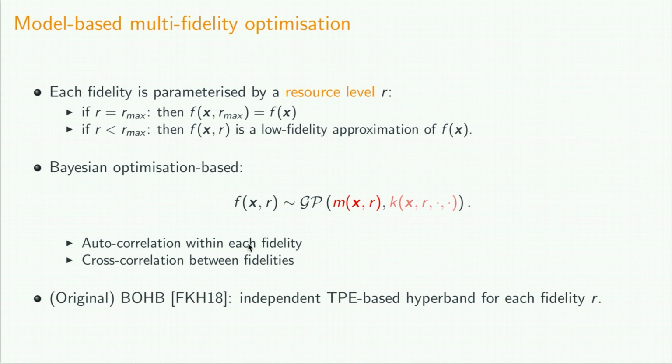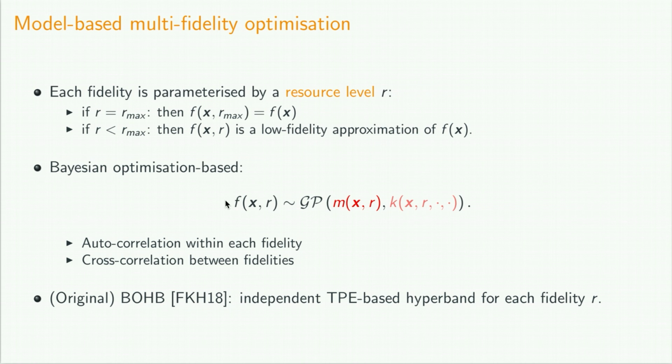When r is equal to r max, we just have the evaluation after a full training completion of the training process. And if r is less than r max, then we have some form of low fidelity approximation of f of x. In the context of Bayesian optimization and Gaussian process-based optimization, it's very natural to look at that extension.